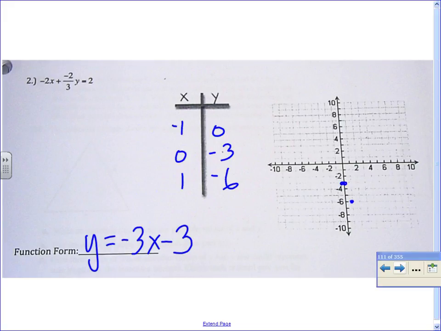Annalise? Okay, then your graph, that means your graph is completely different, if you got that. So did you multiply everything by 3 first? So you get negative 6x minus 2y equals 6.